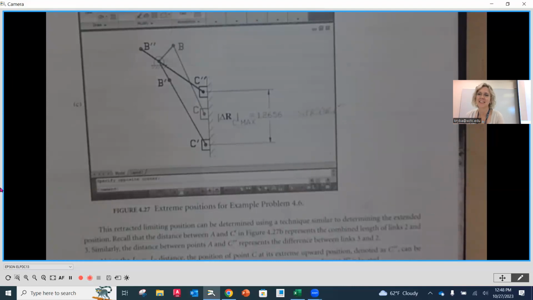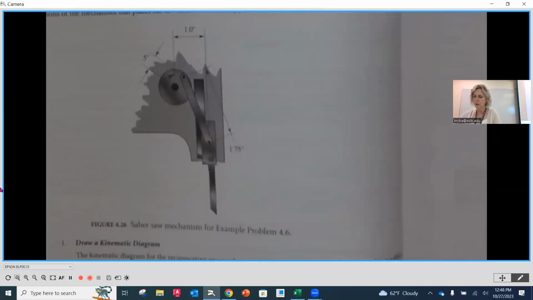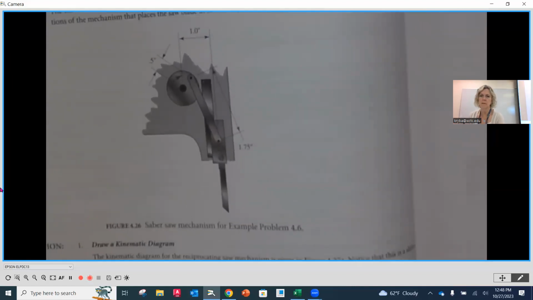Questions? Yeah. So the 1-inch dimension on figure 426, that's basically just a reference for our initial dimension. Yes. So over here, 426, notice that we have some dimensions in place, and I think that's only to get kind of the angle that you're at.